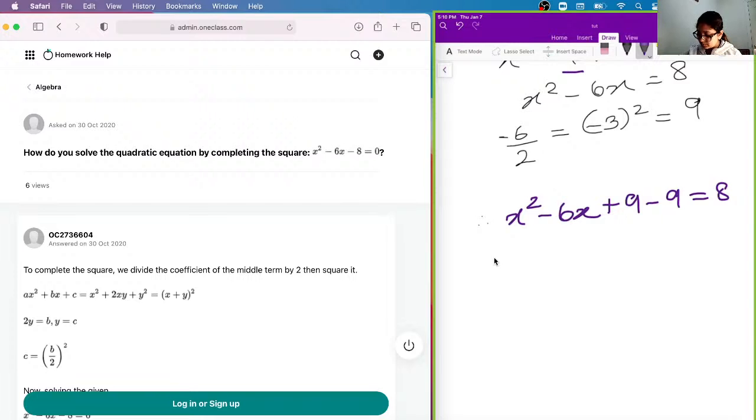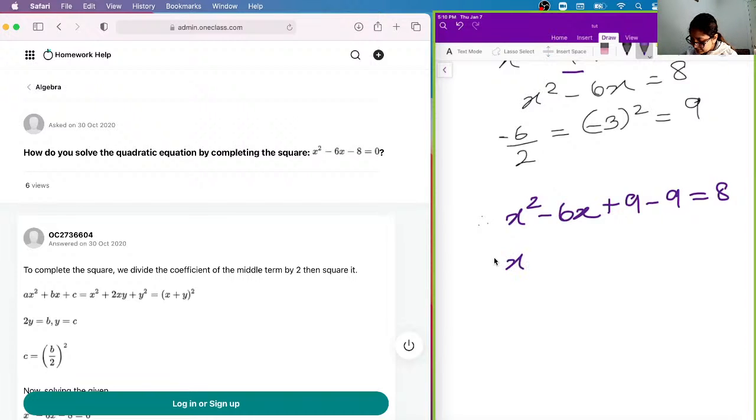Okay, so remember, this part is really crucial: remember to add a +9 and a -9. And now what we do is we would move the -9 to the other side of the equal sign.